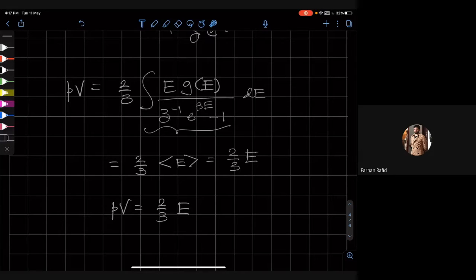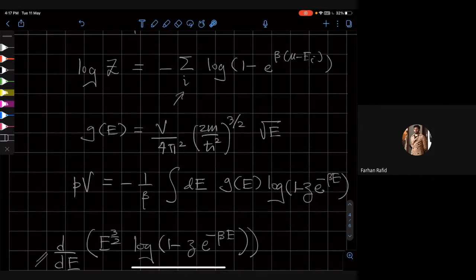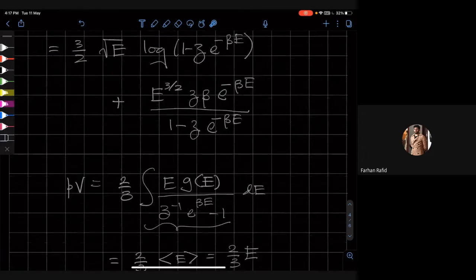Sir, but how is that equal to PV? I am confused on that. Oh, you're right. Previously we had said PV is equal to this, and we have just evaluated this thing to be this thing.